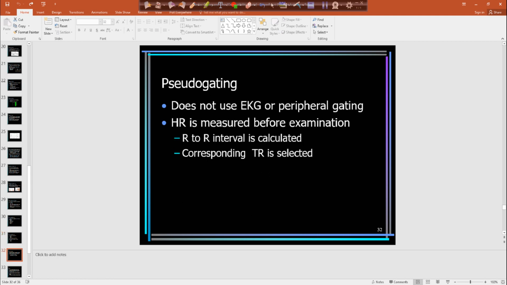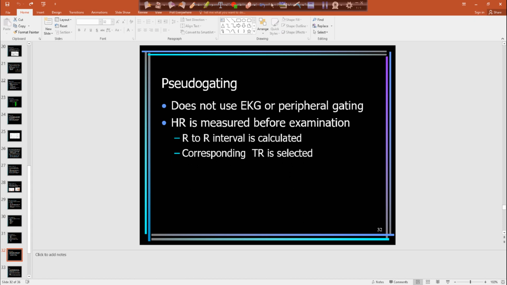So if all this fails, if your system is just completely gone haywire for that particular day, you can do pseudo gating, which is basically you finding out what the patient's heart rate is, factoring in a trigger delay and trigger window, and creating an available imaging time.